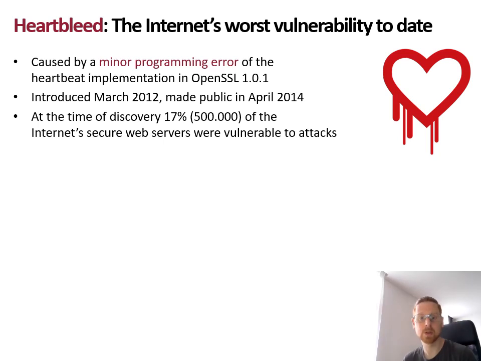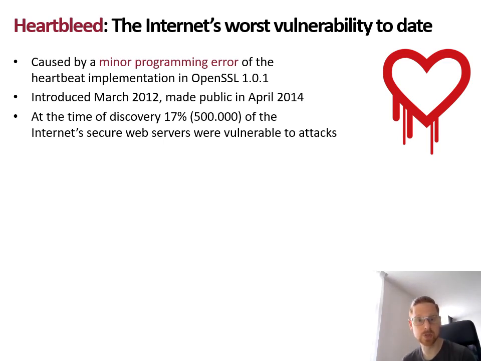Heartbleed, the name may ring a bell, is often called the internet's worst vulnerability to date. And it's actually not a problem with TLS or SSL itself, but in the OpenSSL 1.0.1 implementation of this protocol. OpenSSL is the most widely used implementation of TLS on web servers.